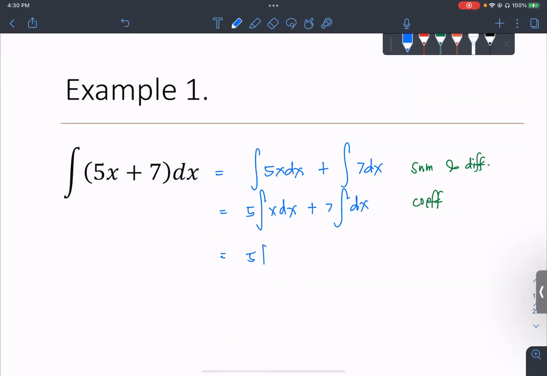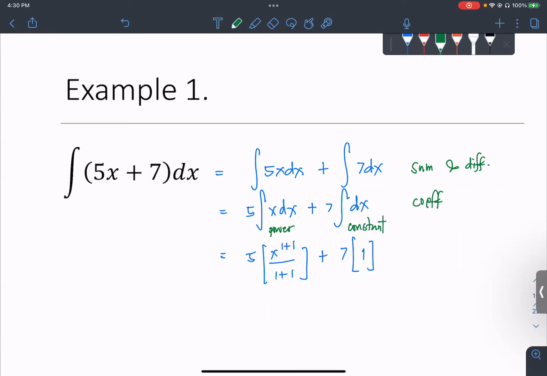So 5 times x raised to n plus 1, that is 1 plus 1, all over 1 plus 1. So we've used the power rule. And then plus 7, the integral of dx is x. That is the constant rule.